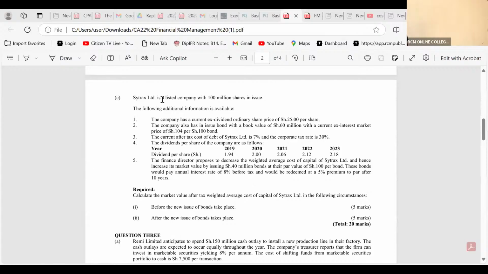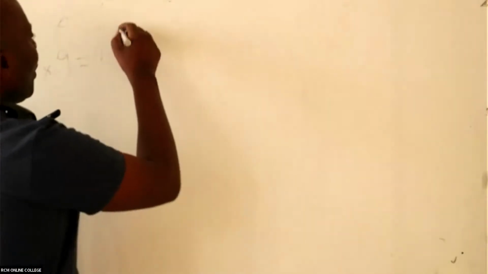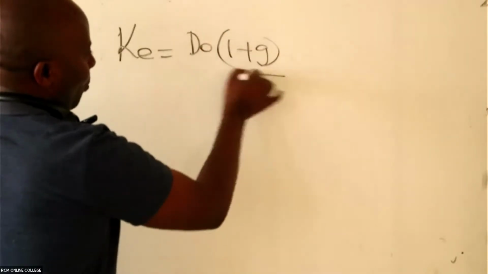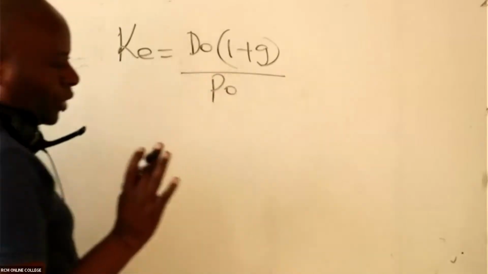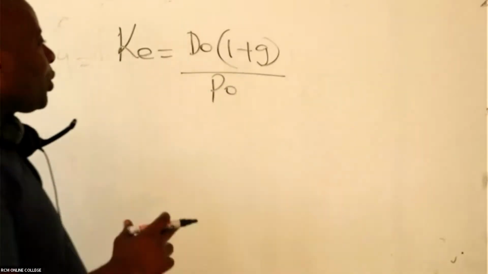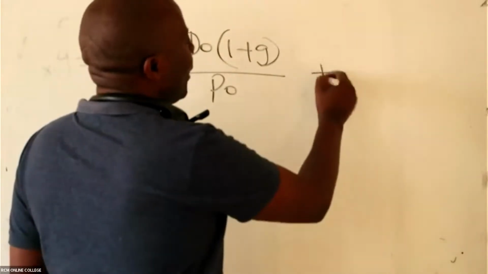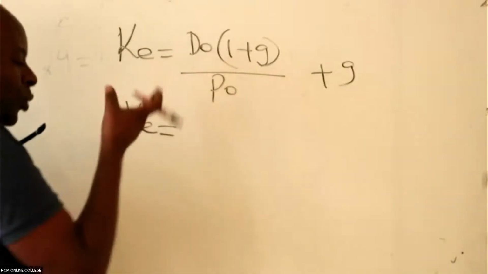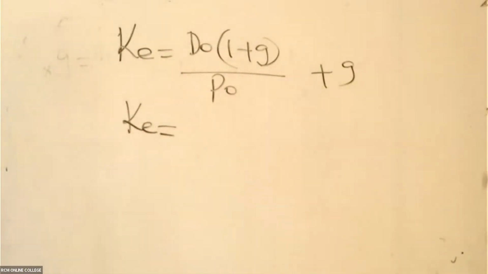So we shall go straight away to the cost of equity formula now, because that's what I was waiting for. How do we get the cost of equity? We take D0 into 1 plus the growth rate we have completed, all over P0. There are no flotation costs in this question, and we have an independent growth rate. D0 means the most current dividend.